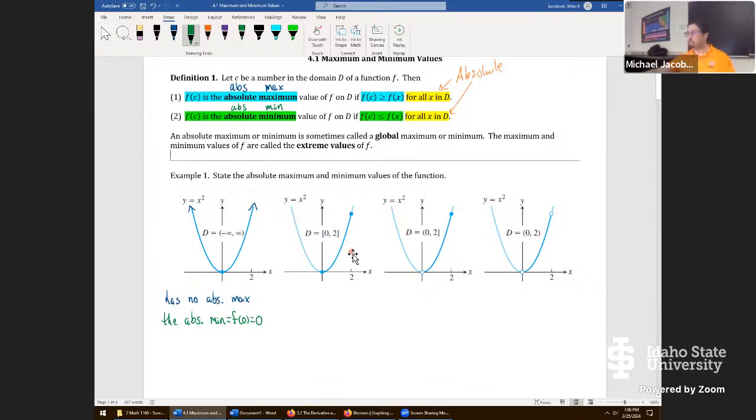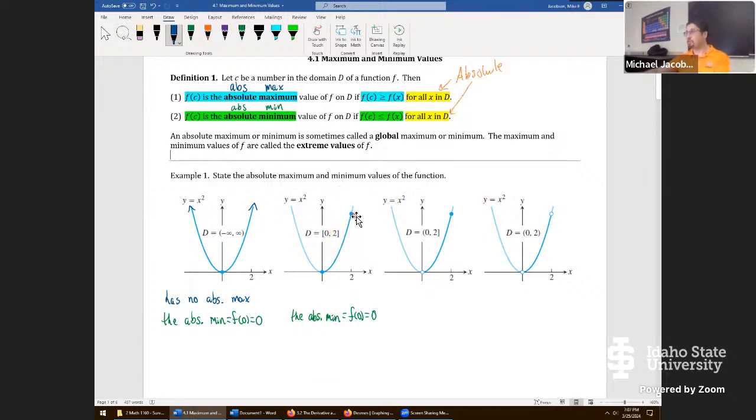And when we go to this one, some of the situation has changed. It still has an absolute minimum at 0 right below here, so we can copy that down and say the absolute minimum is f of 0, which equals 0. But now we have a closed domain this time.